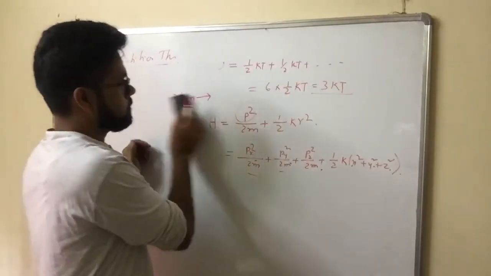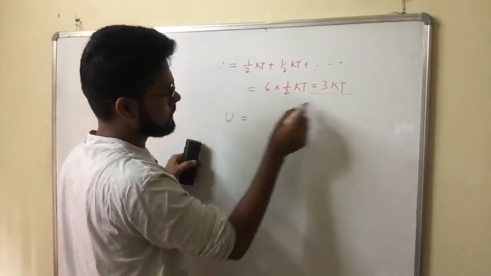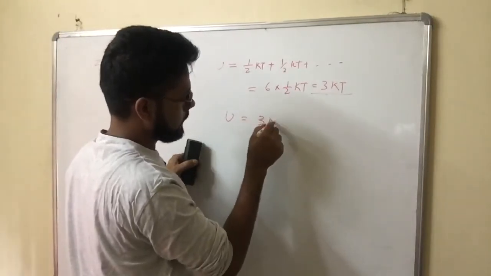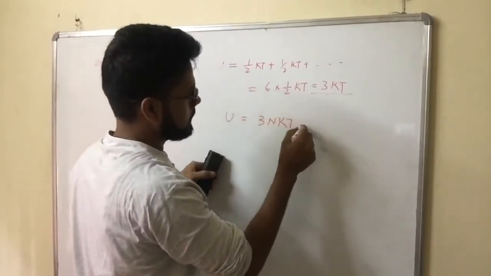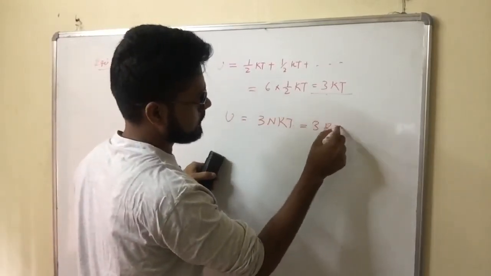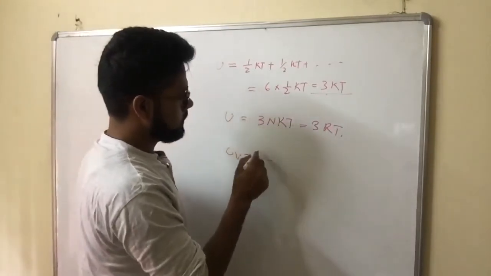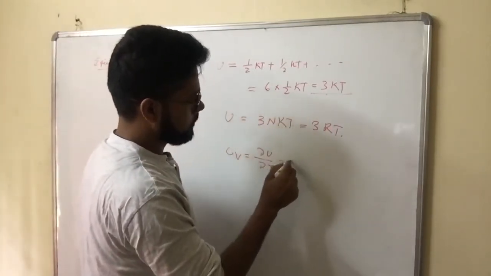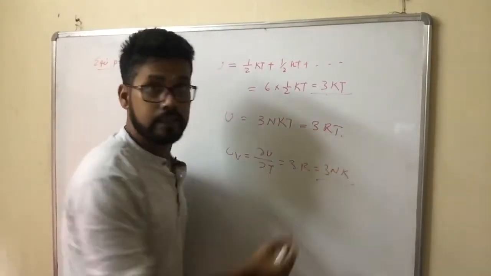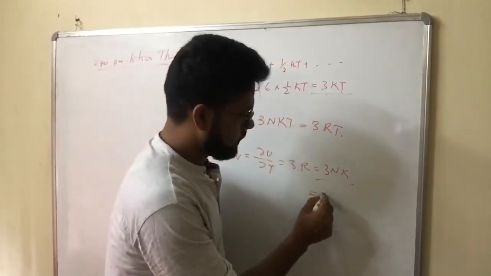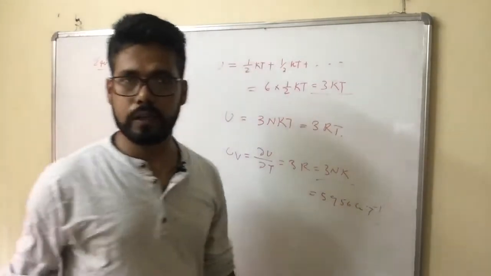For N atoms, the total energy is 3NkT, which means 3RT. And the specific heat Cv equals dU by dT, equal to 3R or 3Nk, which is equal to 5.956 calorie per Kelvin.